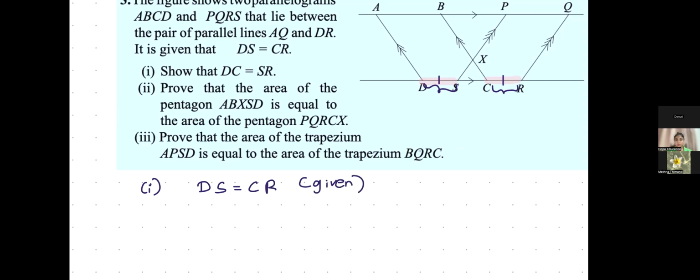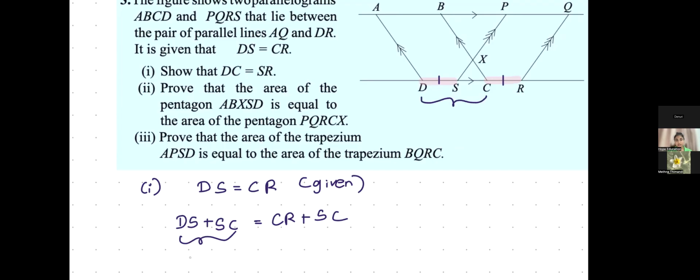Then බලන්න, look at this SC area. SC කියන්නේ දෙන්නටම common නේ, SC. So මම දෙපැත්තටම SC add කරනවා. DS plus SC, CR plus SC. Well then DS plus SC කියන්නේ DC.